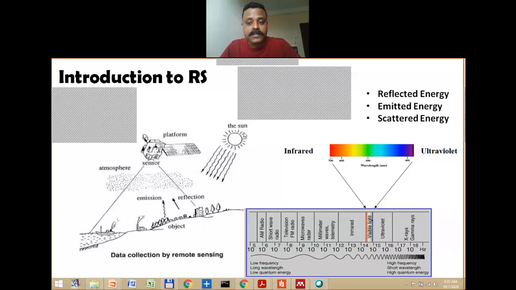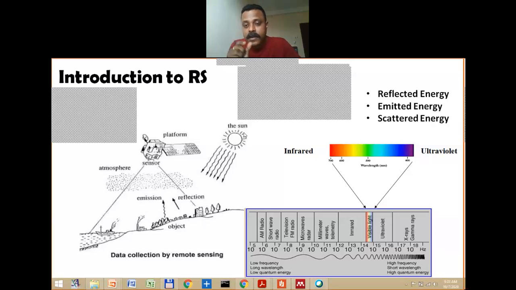Within the visible range, towards the shorter wavelength, that means towards the 400 nanometer range, the colors are normally violet and blues. And within the visible range itself, towards the 500 nanometer range, we start to see the colors in green.